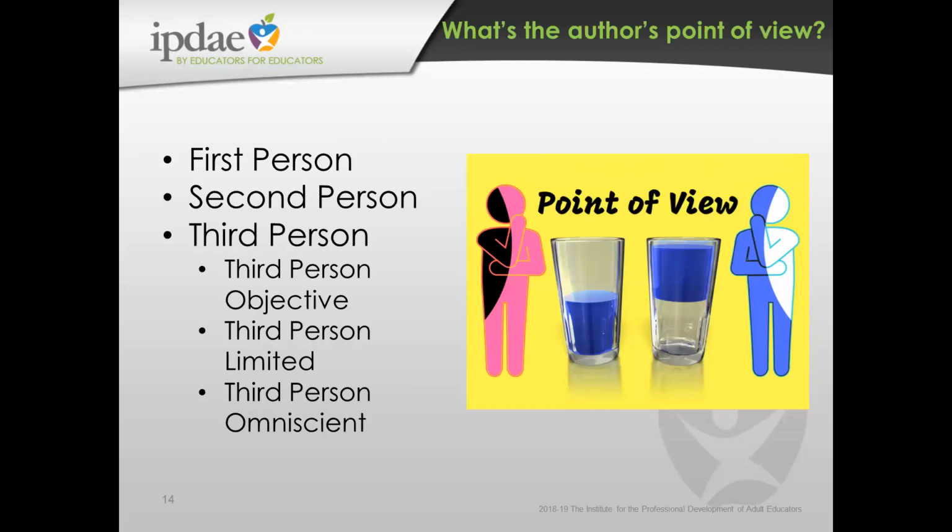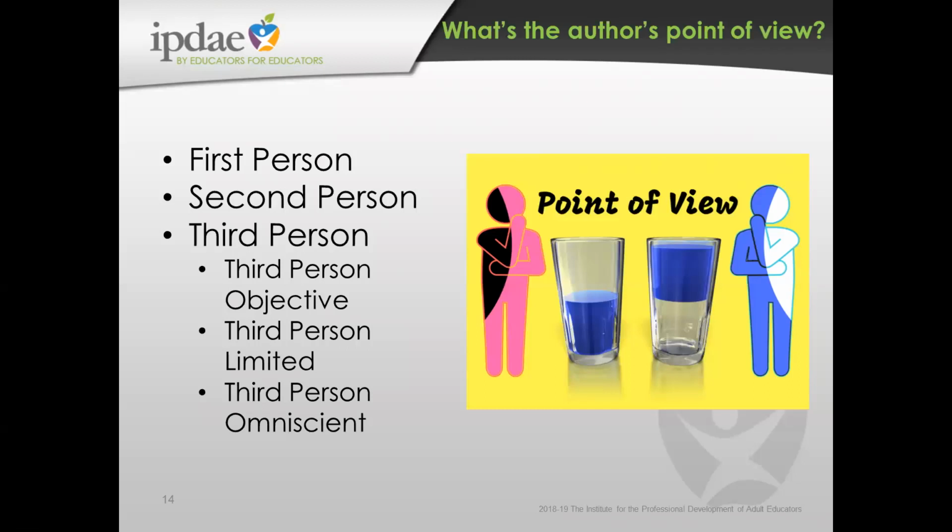And then, of course, we have the omniscient narrator, who is going to reveal more than one character's internal workings, that type of point of view, that narrator sees all. So as you're looking again at your materials, is point of view being taught with first person, second person, and third person in those three major modes? If not, that's something you're going to want to look at in the classroom.